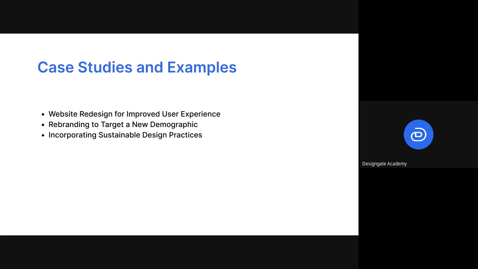If you say I'm redesigning the Jumia homepage for Gen Z, that means you're going to design it in such a way that it gives Gen Z vibes. Your imagery is going to change, the fonts are going to change, and it's going to be more modern than what you have currently. These are things you are supposed to know. You can also say, I'm redesigning this to incorporate sustainable design practices. These are the different things you could add to make your design more worthwhile.